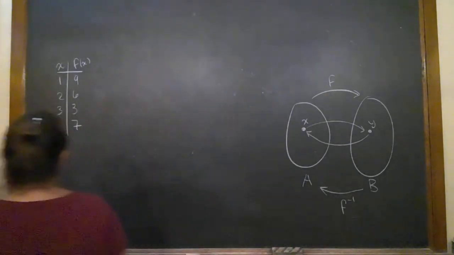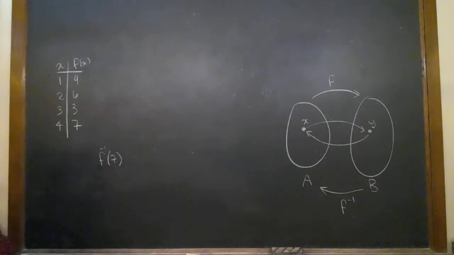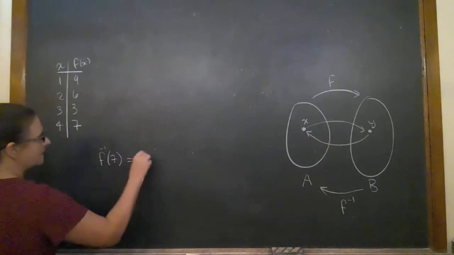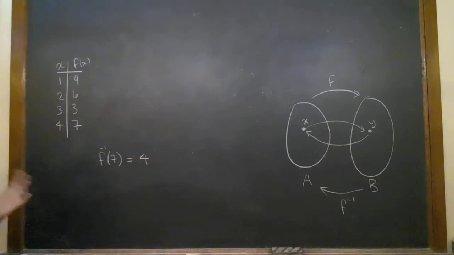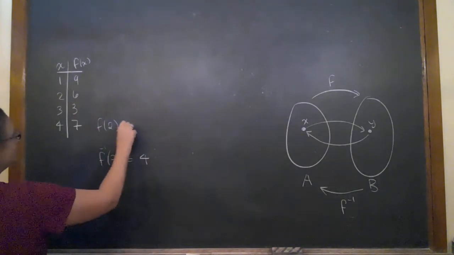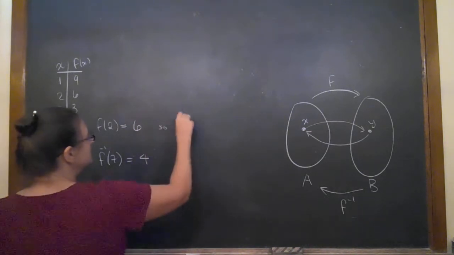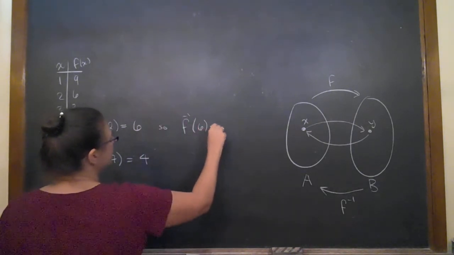Okay? If I ask what f inverse of 7 is, I can look over here and say, well, f maps 4 to 7, so f inverse maps 7 back to 4. That's no problem, right? I can answer quite a few questions about this function with this chart, right?